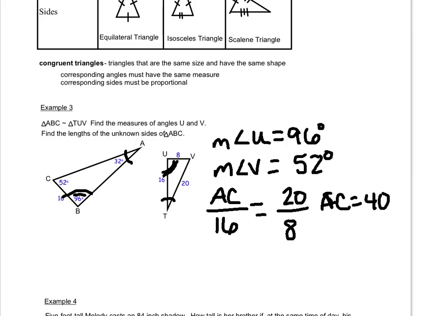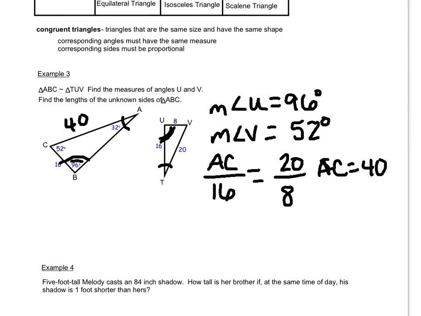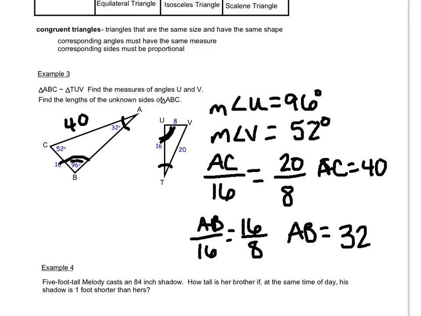And then we have, so AC is 40, we'll label that. Then we have side AB. Let's move this up just a little. Side AB over 16 is going to equal 16 over 8. So then AB is going to equal 32. Because 16 over 8 is 2, and then you multiply the 16, so we get 32.